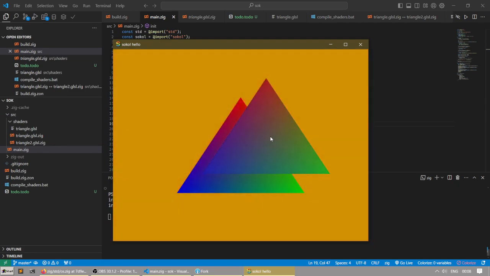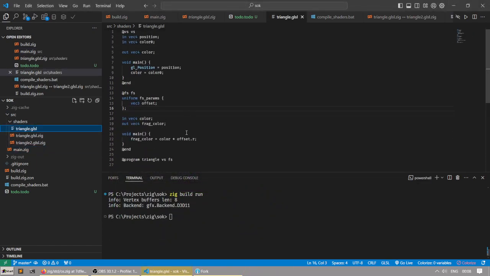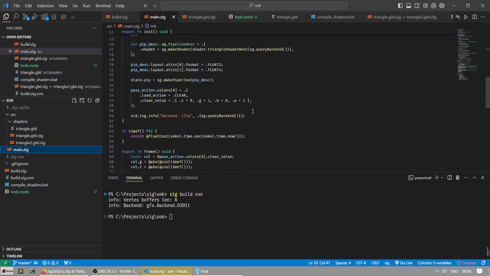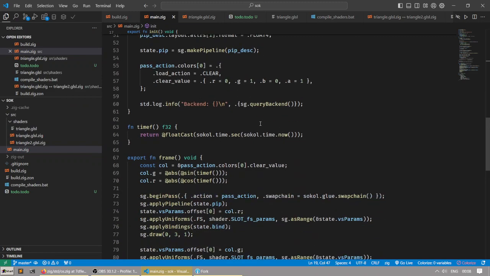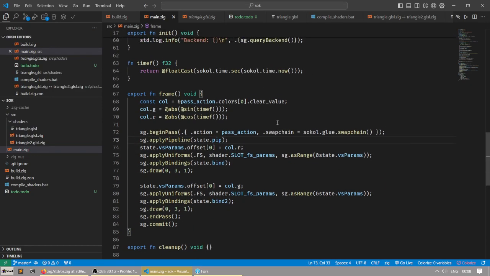The reason is that the color is being multiplied by this offset.r. In my case, that is happening in apply uniforms. Basically, I was trying to figure out how applying uniforms works, and can you actually apply different uniforms at different times?